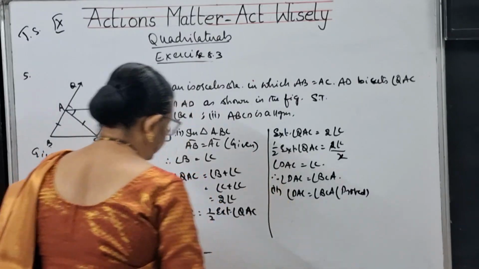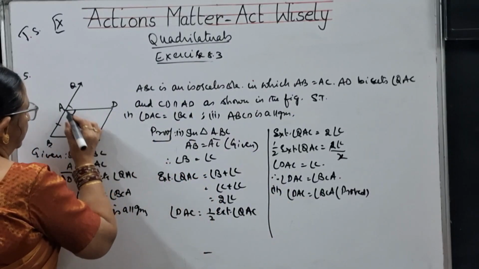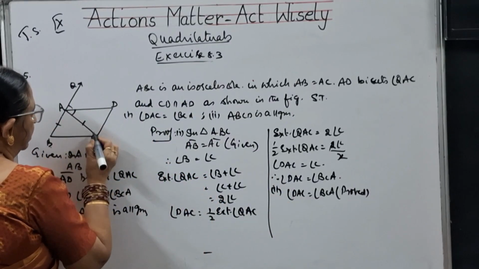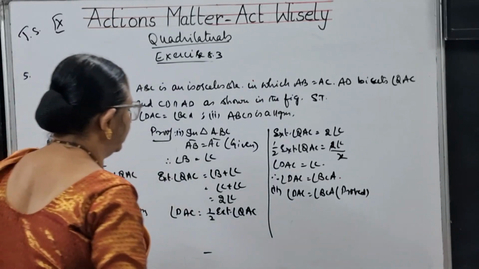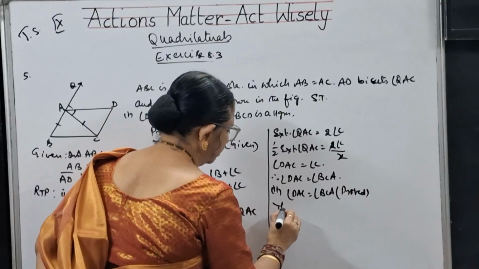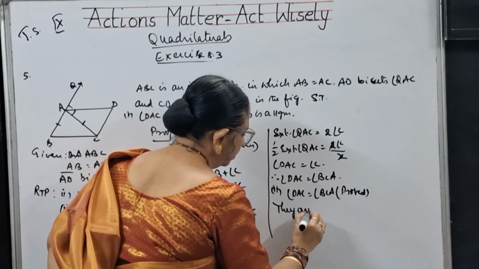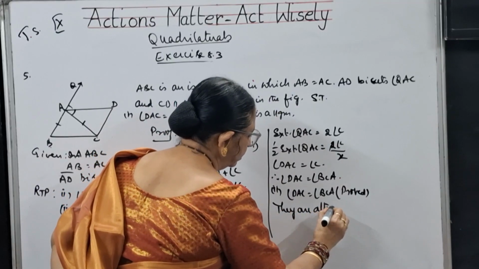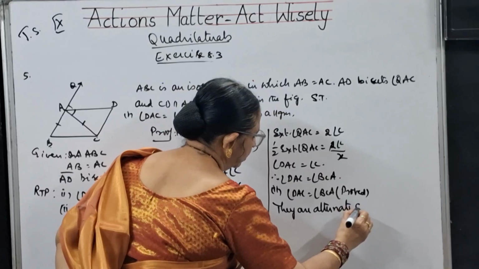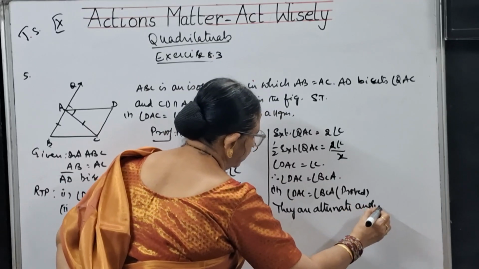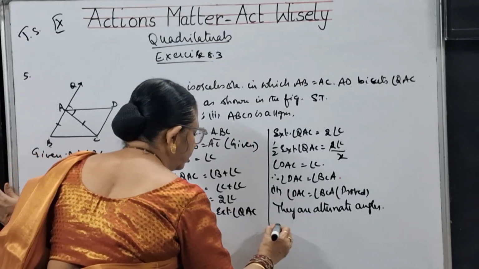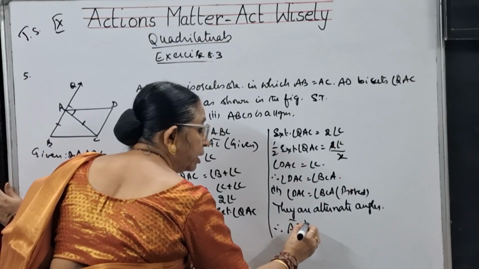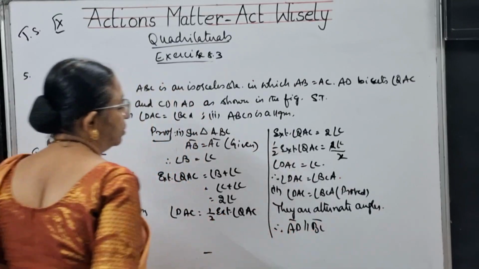When you see the figure, angle DAC and angle BCA are alternate angles for AD and BC. So we have proved that alternate angles are equal. Therefore, AD is parallel to BC.